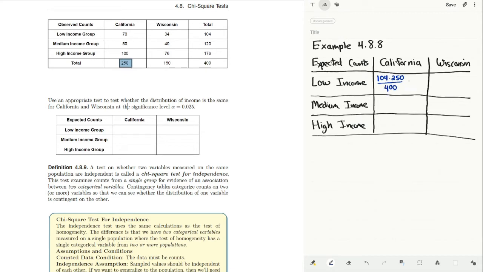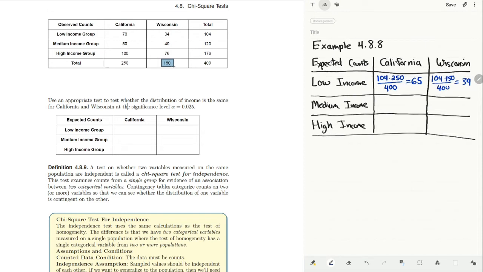And this works out to be 65. Now to find the expected counts for the low income group in Wisconsin, again we look at the row total, which is 104, and the column total, which is 150. So we multiply these together and then divide by the grand total of 400. And this gives us an expected count of 39.